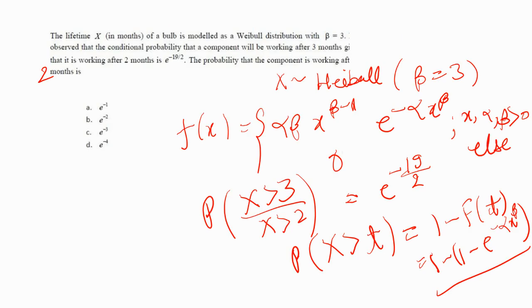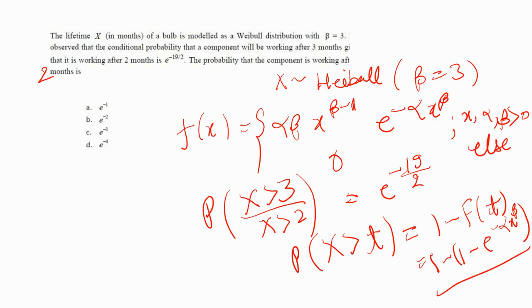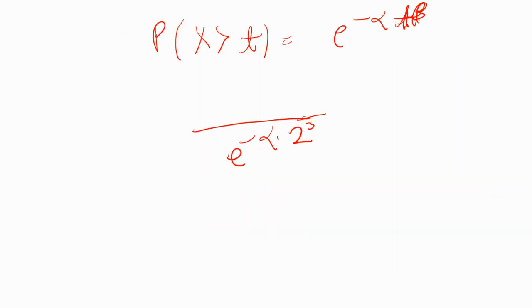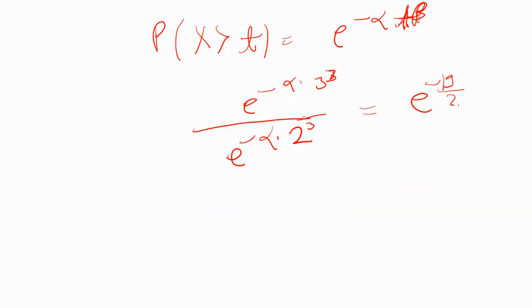So now x greater than 3 divided by x greater than 2 will be e to the power minus alpha times 3 to the power 3 over e to the power minus alpha times 2 to the power 3, which is equal to e to the power minus 19 upon 2. So 3 cubed is 27, 27 alpha minus 8 alpha, so it will be minus 19 alpha.